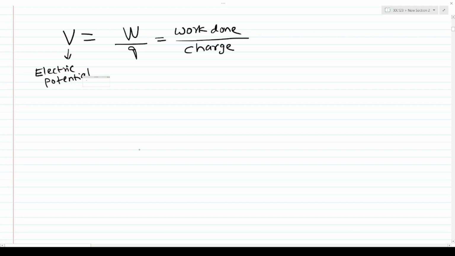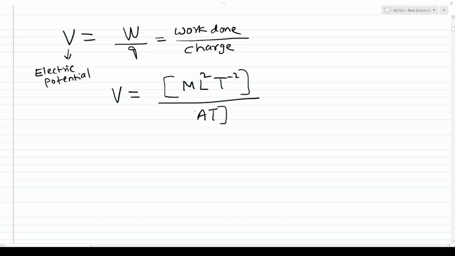Here is the solution. Electric potential equals work done upon charge. So V equals m L square T raised to minus 2 divided by A T. So V equals m raised to 1, L raised to 2, T raised to minus 3 and A raised to minus 1.